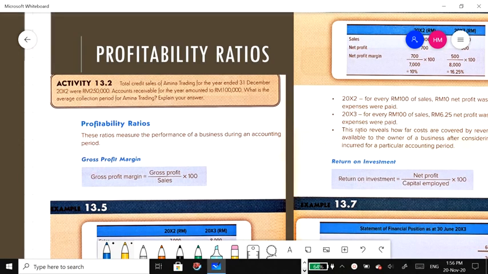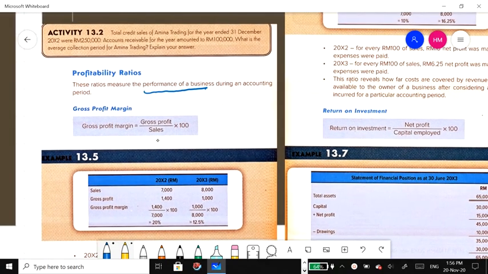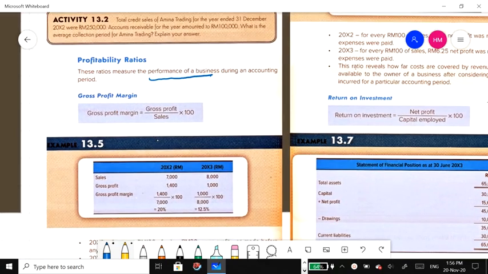So now kita akan tengok the last ratio, that is profitability ratio. These ratios measure the performance of a business during an accounting period. Nak measure performance business tu. So kita akan ada gross profit margin dan juga net profit margin. So gross profit margin kita akan ambil gross profit divided with sales times with 100.